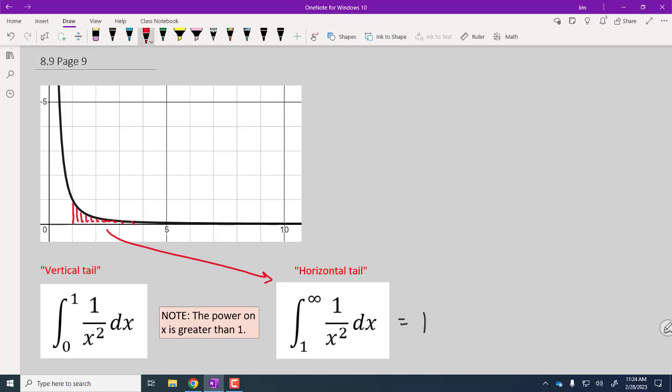But when you look at the vertical tail, so when we integrate from 0 to 1 here, this area, you can tell that the vertical tail is not grabbing the y-axis. It's not converging to the y-axis nearly as fast. And we are going to see with these curves that we have kind of a whack-a-mole thing.